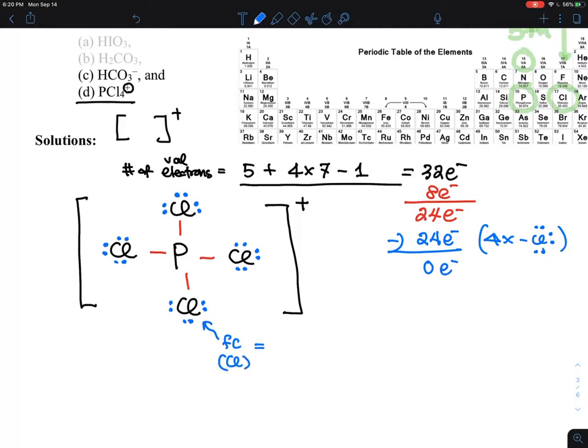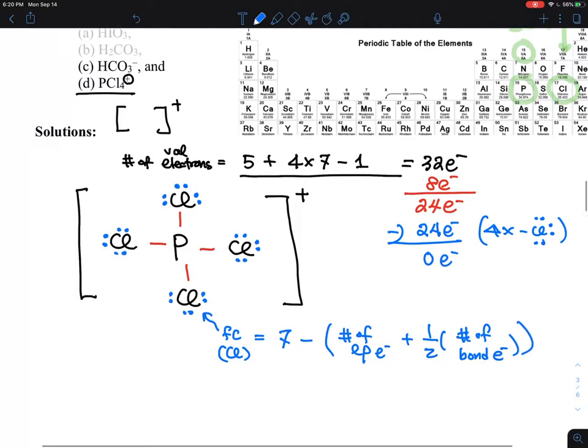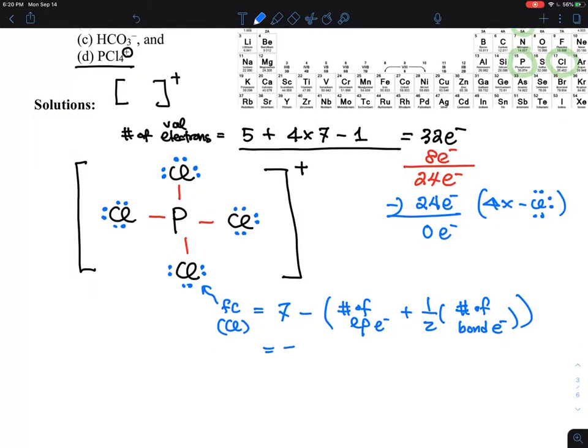So the formal charge of chlorine is 7 minus the number of lone pair electrons, plus half of the number of bonding electrons. 7 is the number of valence shell electrons as a neutral chlorine atom. And how many lone pair electrons?